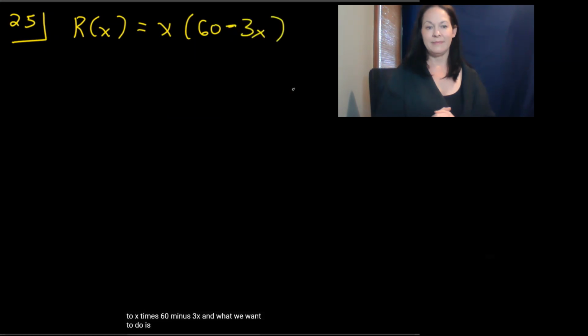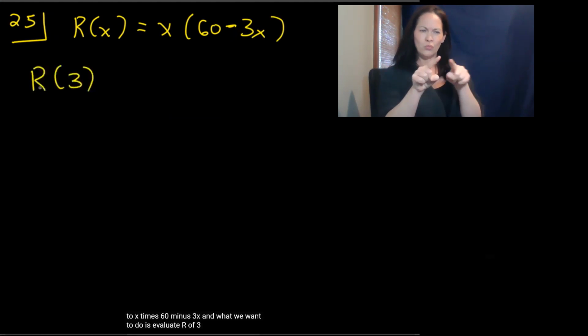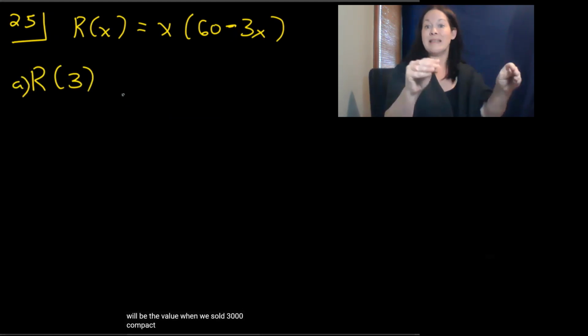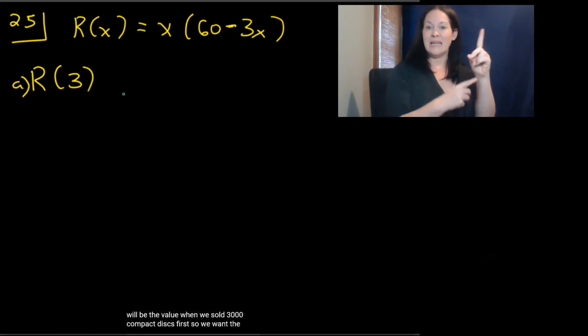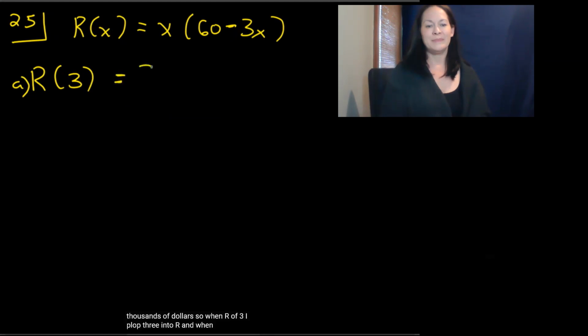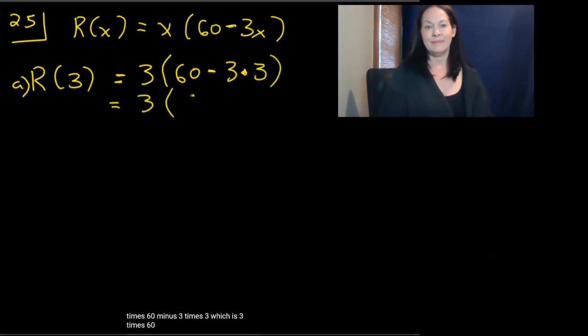And what we want to do is evaluate R of 3, which is what will be the value when we've sold 3,000 compact disc players. So we want the thousands of dollars. So R of 3, I plop 3 into R, and we get 3 times 60 minus 3 times 3, which is 3 times 60 minus 9, or 3 times 51, which is 153.